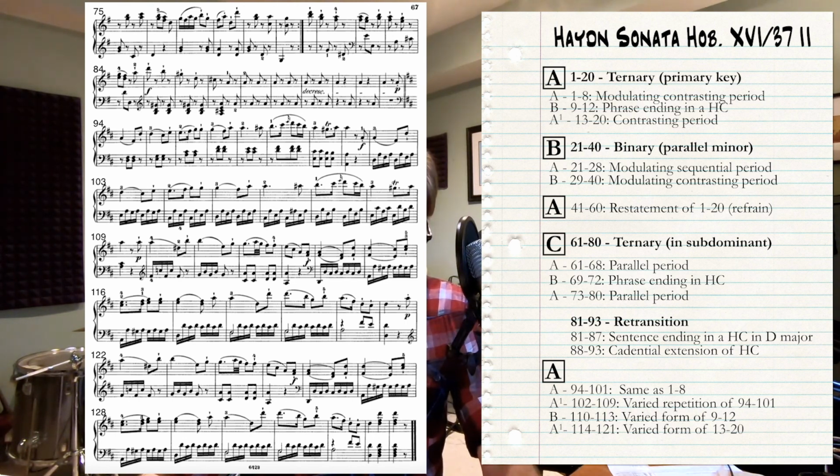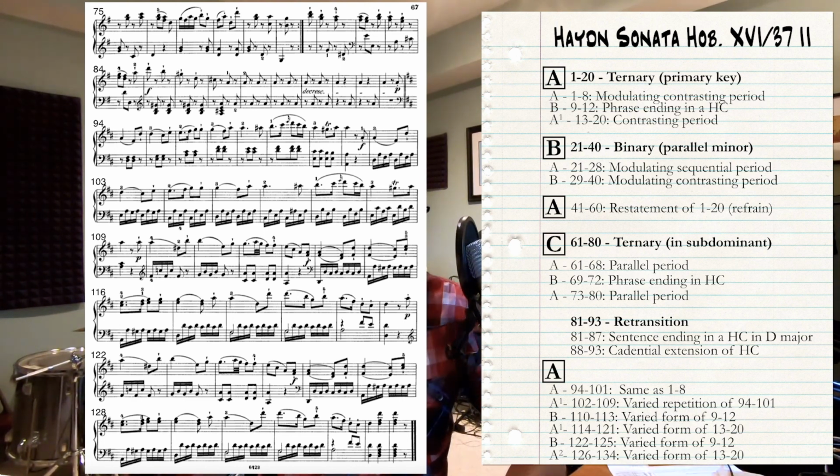Measures 122 through 125 are similar to 110 to 113, and then 126 through 134 is like 114 through 121. So he's basically reaffirming the A, right? He's taken us to these two different episodes, but here he's reaffirming that refrain and making sure that we hear that refrain.